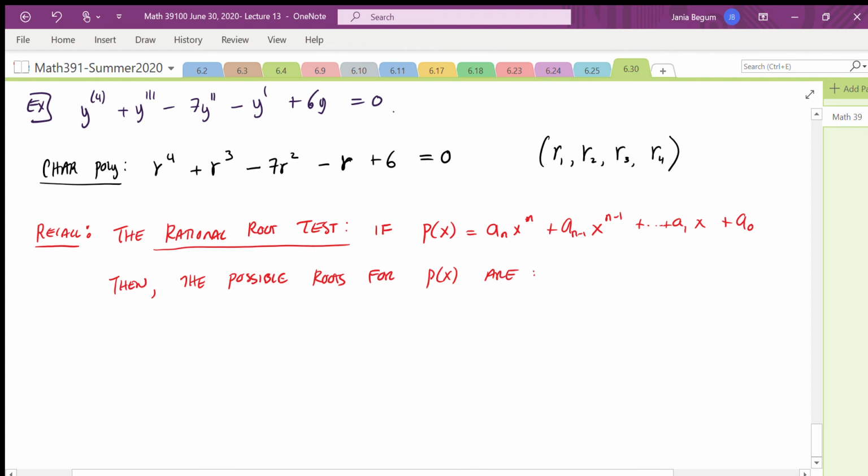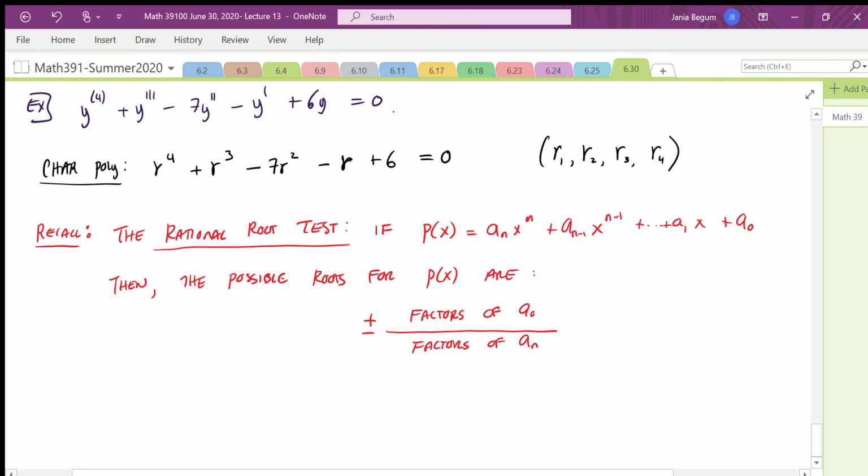It's going to be plus and minus the factors of a_0, which is the constant term, divided by the factors of a_n. I'm just going to put one big bracket instead of tiny ones.